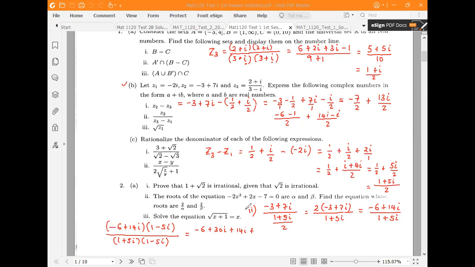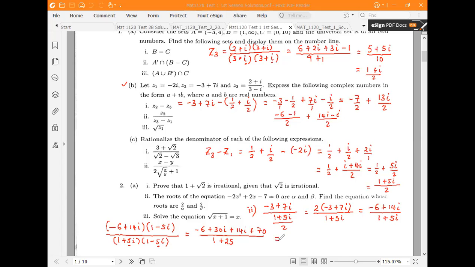So 14 times 5, yes, that is 70. So we have plus 70. Then to divide, we just divide by 1 plus 25. We multiply 5 times 5, we get 25. Then i times i is minus 1 times a negative on 5, which is positive.